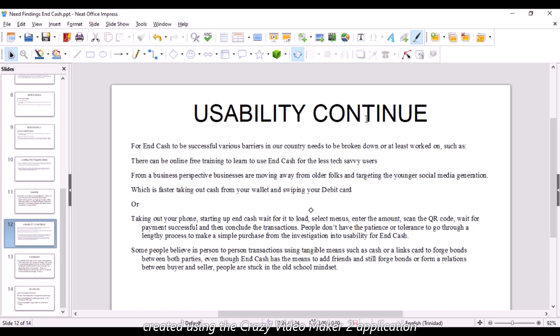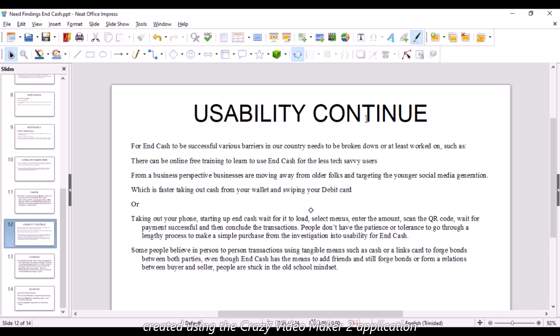Well, when I asked them about Encash, this was their response: which is faster, taking out cash from your wallet and swiping your debit card, or taking out your phone, starting up the Encash app, waiting for it to load, selecting menus, entering the amount, scanning the QR code, waiting for payment successful and then concluding the transaction.